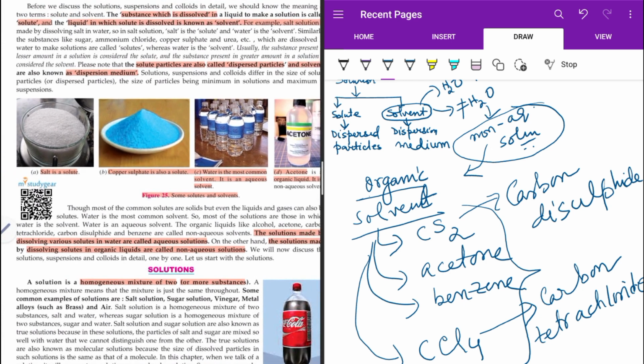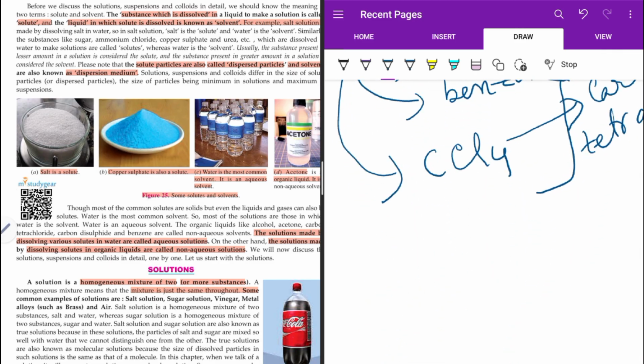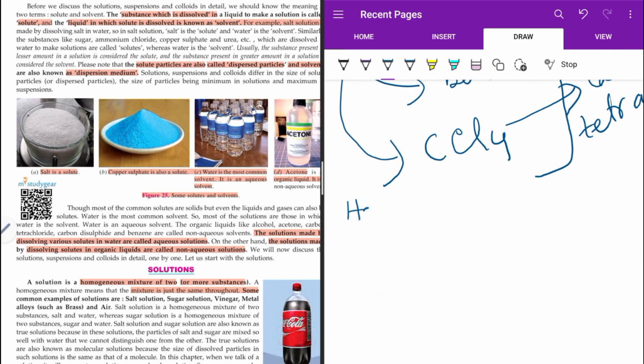Now, a homogeneous solution means the solute is completely dissolved in the solvent and it forms uniform composition throughout. Homogeneous mixture means the mixture is just the same throughout. What does it mean? Homogeneous solution means two things.